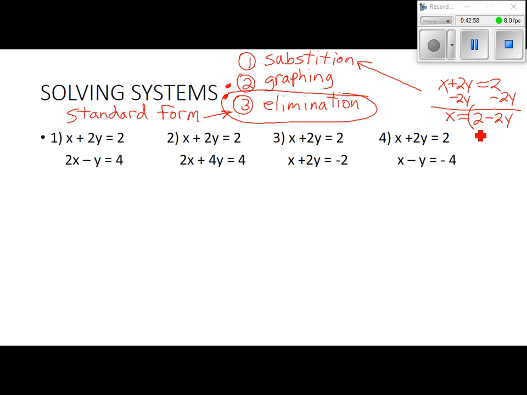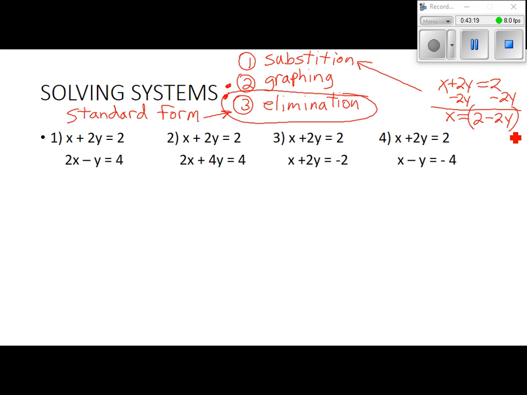So anywhere that I see x, I could substitute in what? What do I know x equals? 2 minus 2y. So anywhere I see x, I could stick that in there. That's all substitution.